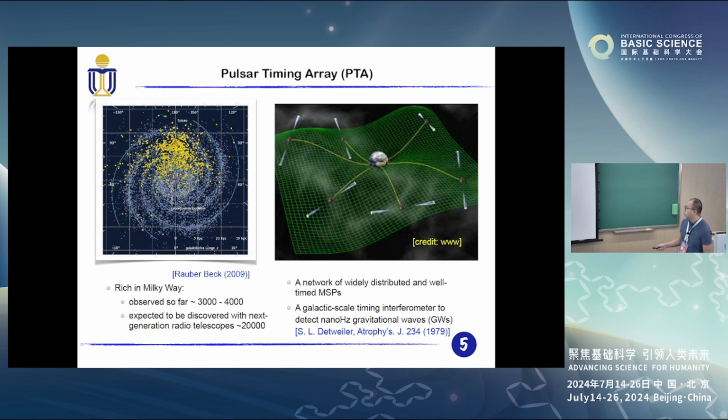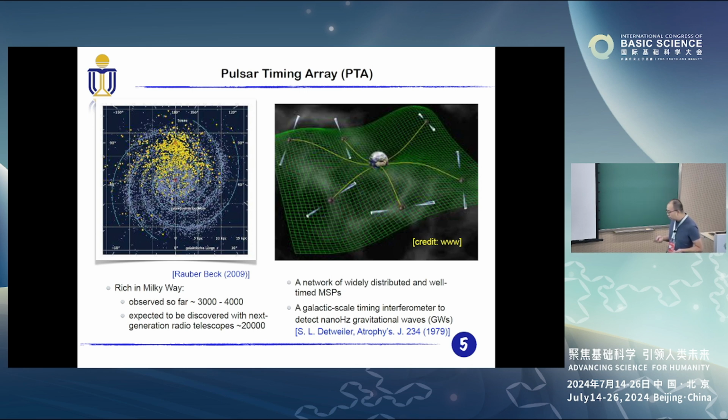So far, about 3,000 to 4,000 pulsars have been observed. Among these pulsars, about 10% to 20% are millisecond pulsars. And with next generation radio telescopes, about 20,000 pulsars are expected to be discovered.